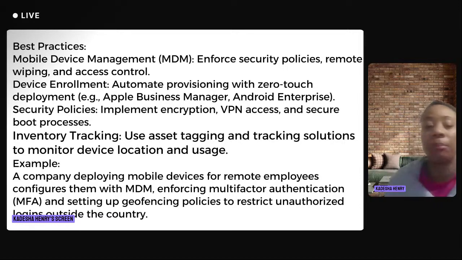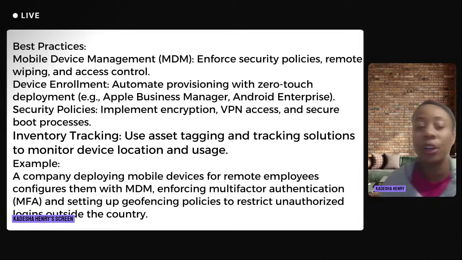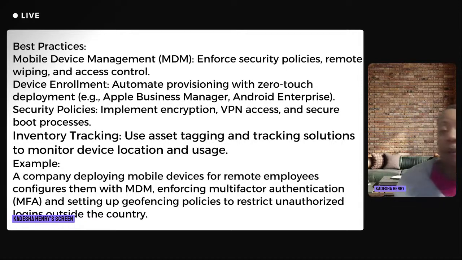So let's look at an example. A company deploying mobile devices for remote employees configures them with the MDM, that is mobile device management, enforcing multi-factor authentication and setting up geofencing policies to restrict unauthorized logins outside the country. So many organizations will implement mobile device management, right?